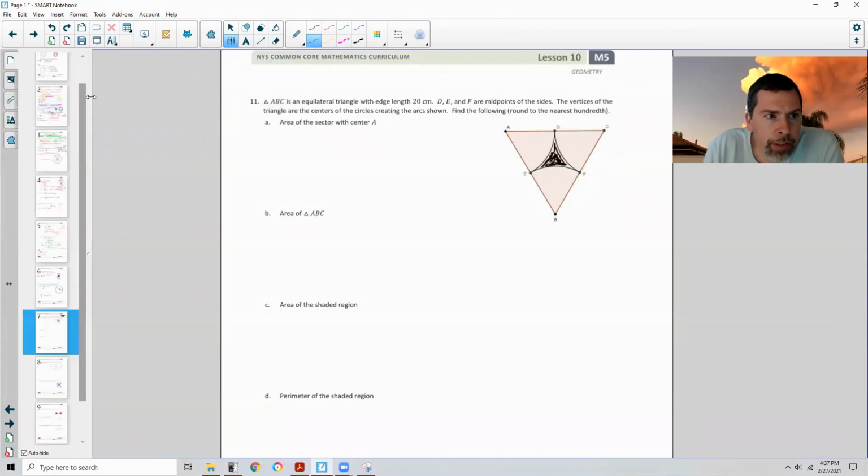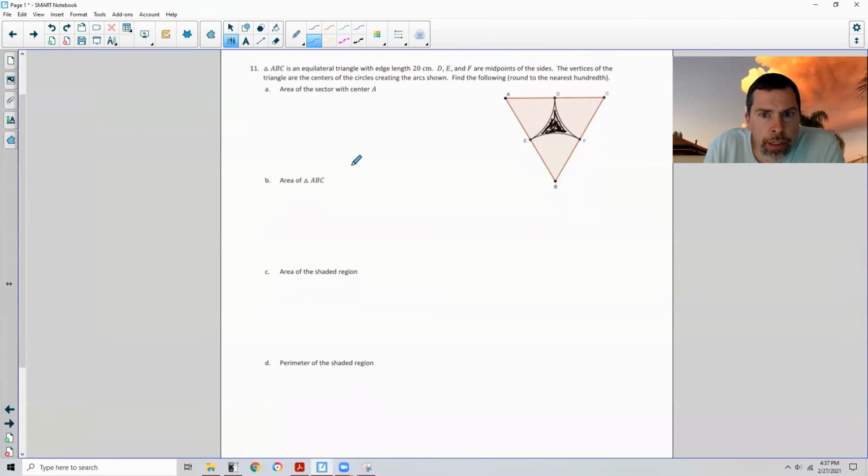There's so many pages I lose track. Holy cow, page 7. Triangle ABC is an equilateral triangle with edge lengths 20 centimeters. Stop right there. If it's an equilateral triangle, it's also equiangular. So that's 60 degrees, 60 degrees, 60 degrees.